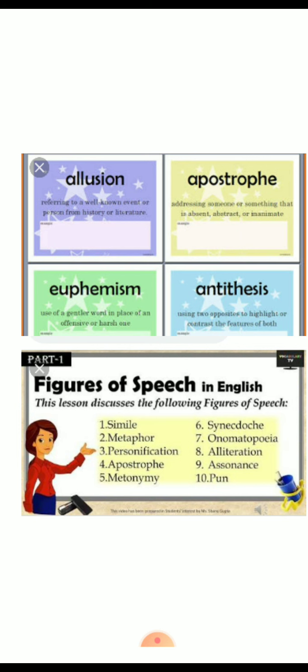Next I will go to pun. It is the humorous use of a word that has two meanings or of different words that sound the same. A play on words. Actually, pun is a play on words, and it is usually used in a humorous way.